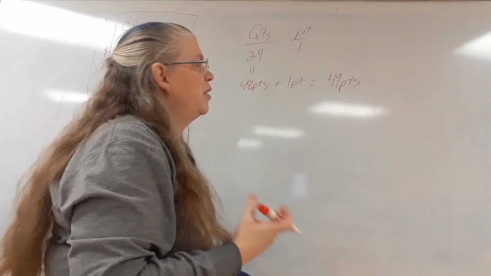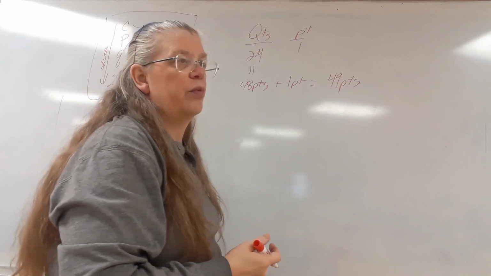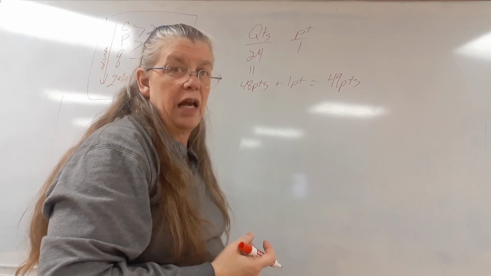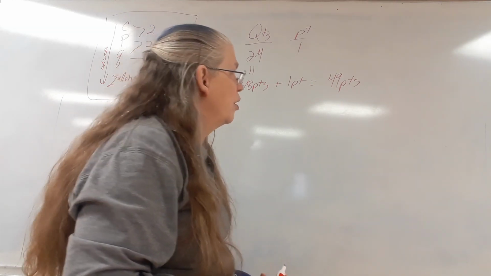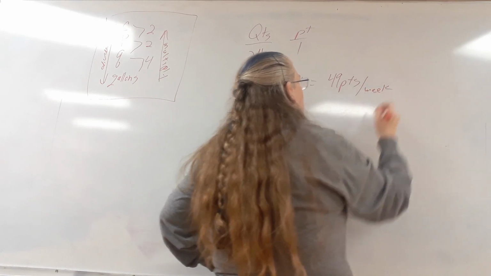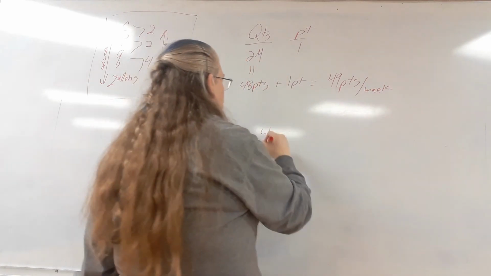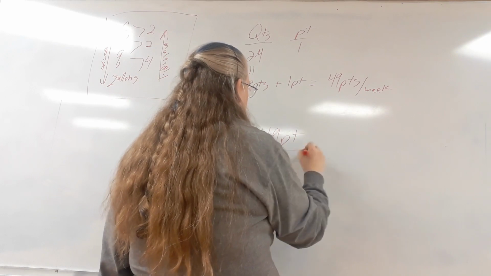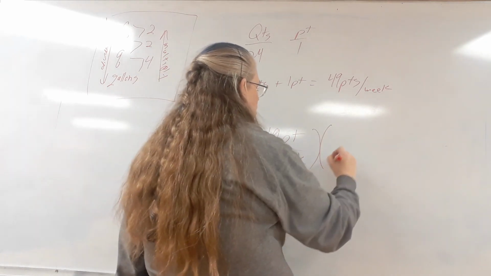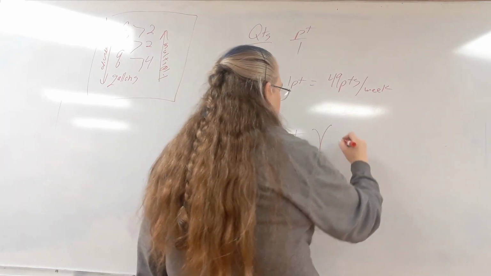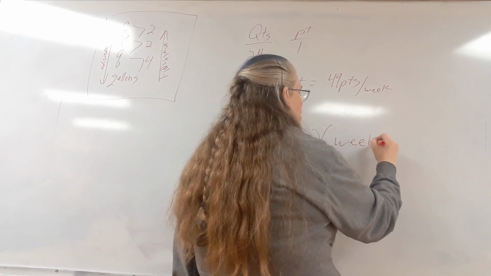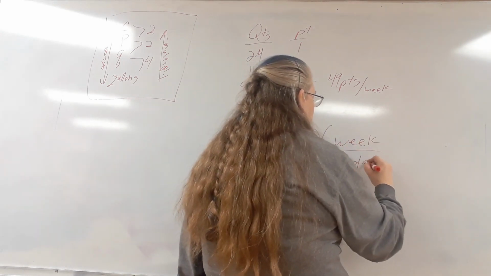Okay, now we're going to divide that by 7 because it says they drink this in a week, and we want to know how many pints they drink in a day. If you want everything there, we have 49 pints per week, and then we have to put week up here and then 7 days.